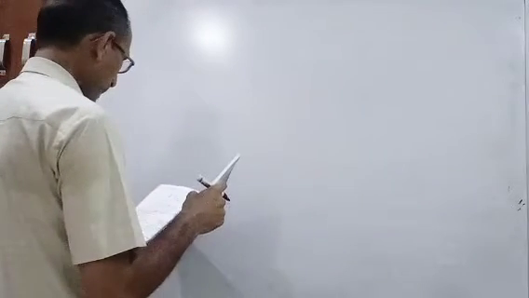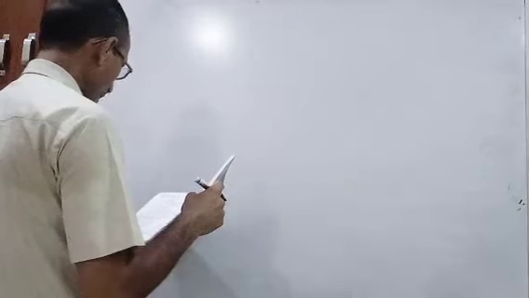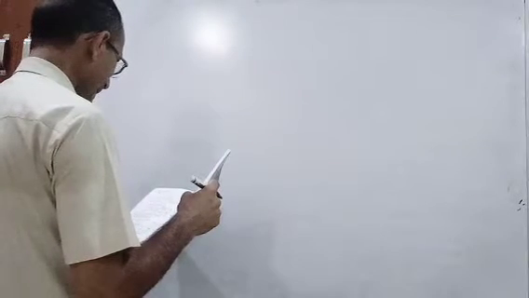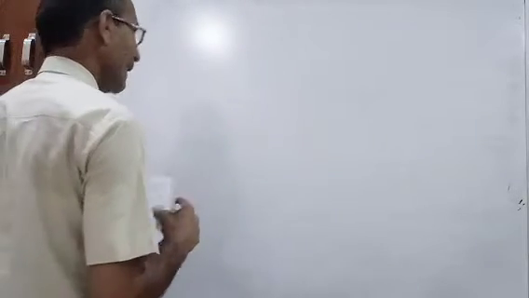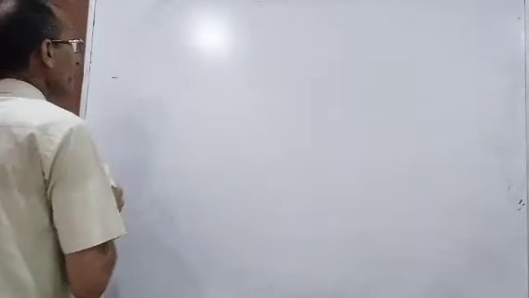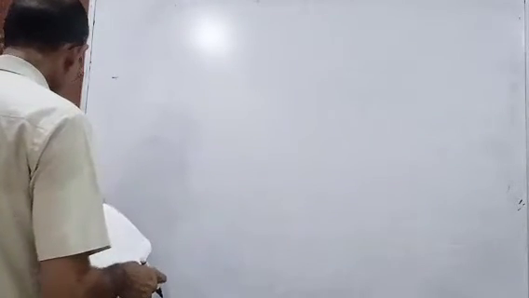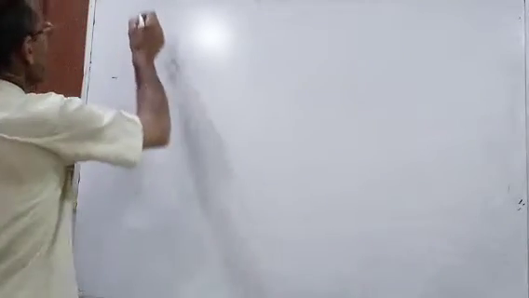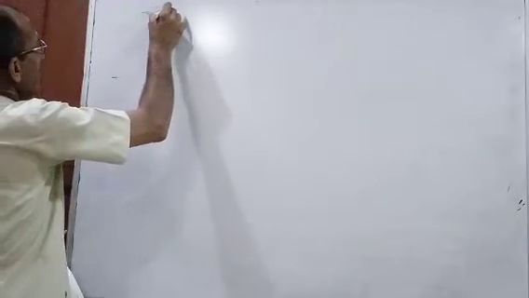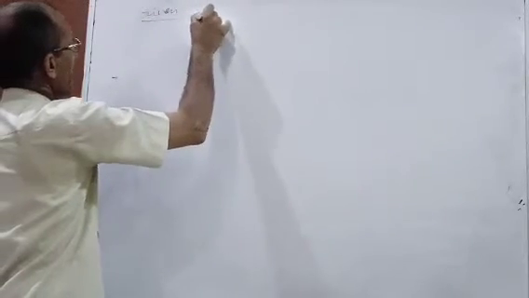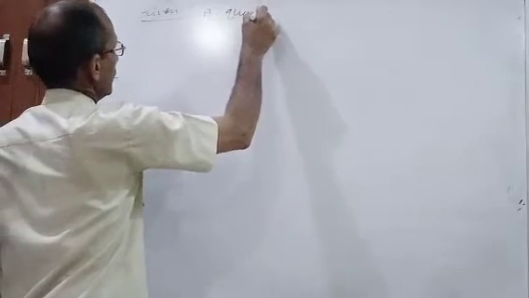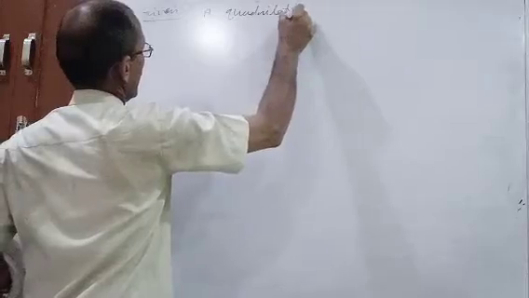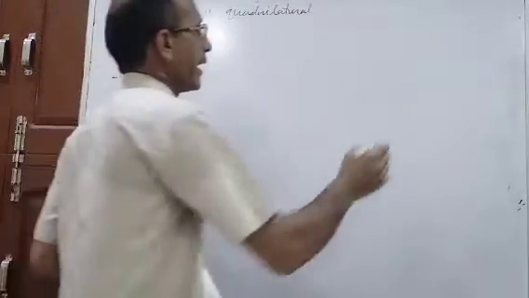So prove that if a pair of opposite sides of a quadrilateral are equal and parallel, it is a parallelogram. What is given?